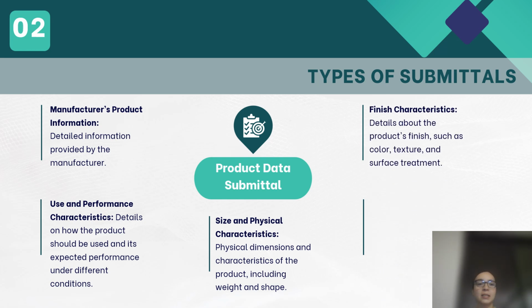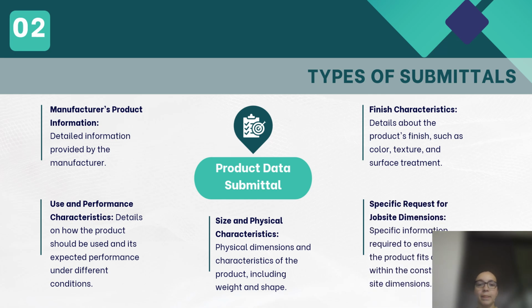The next one is finish characteristics, and details the product's appearance, including color and texture, to meet aesthetics and consistency requirements, and a specific request for job site dimensions. Provide precise measurements to ensure proper fit within the construction site, avoiding special conflicts.